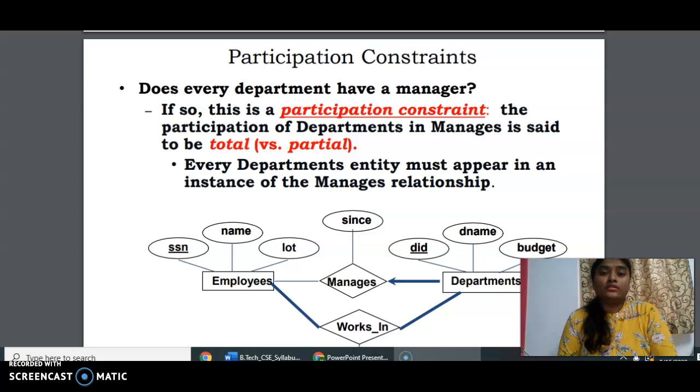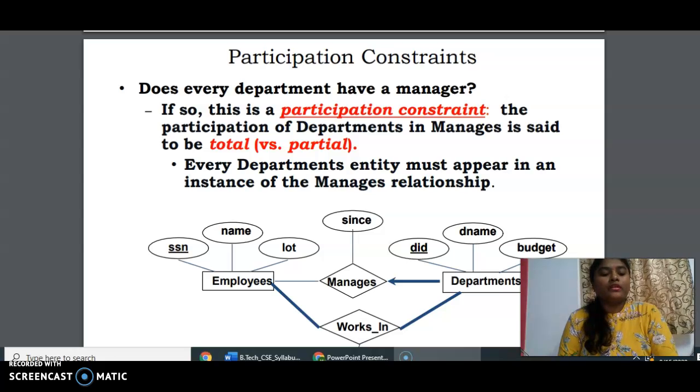When we say an entity is participating totally in the relationship, total participation specifies that each entity in the entity set must compulsorily participate in at least one of the relationship instances. So whatever entities are present, all the entities should participate in the given relationship. Hence the other name for this is mandatory participation.